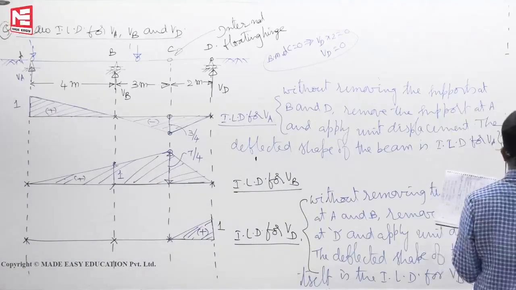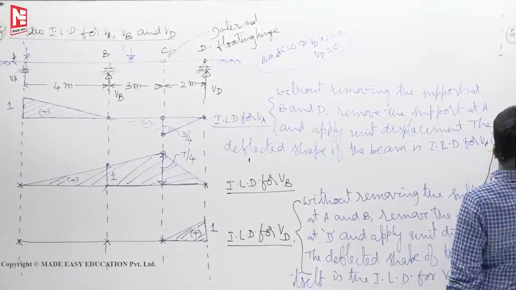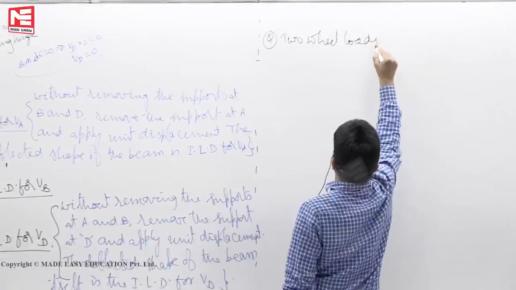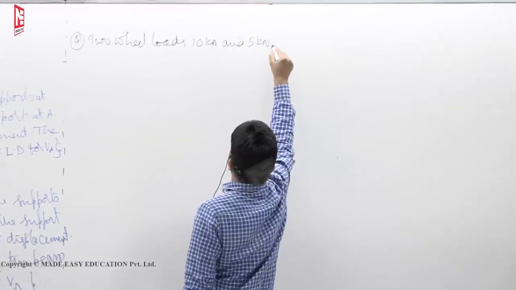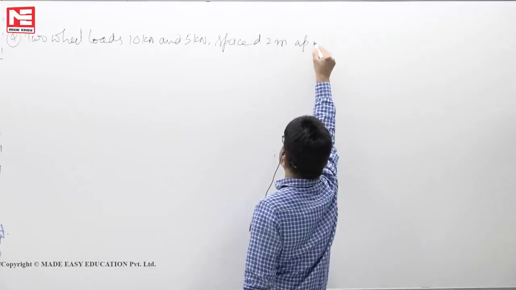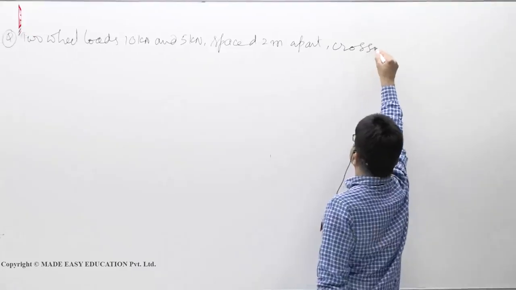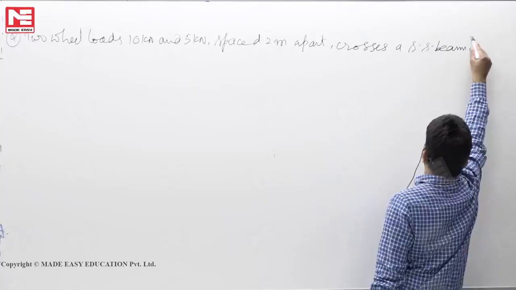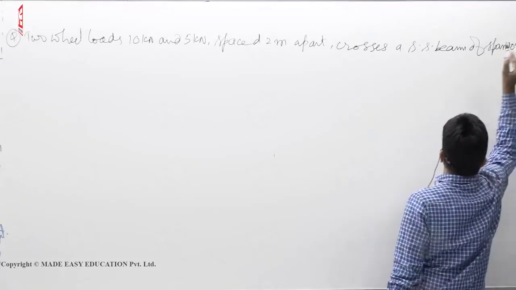Next one, two wheel loads, 10 kilonewton and 5 kilonewton, spaced 2 meters apart, crosses a simply supported beam of span 10 meters.